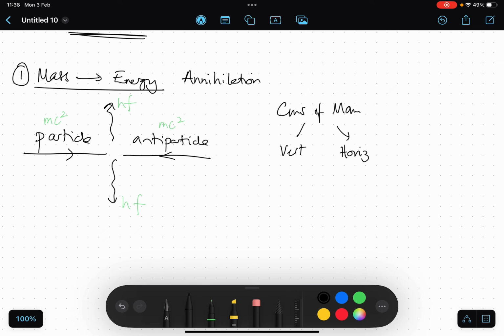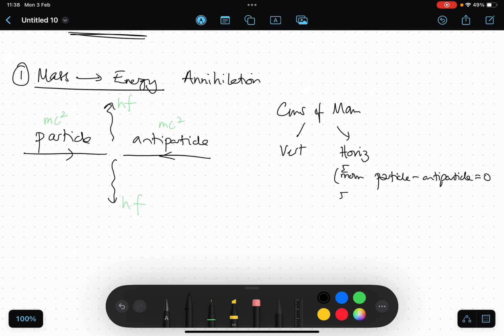The particle and the antiparticle, because they have the same mass, have the same amount of momentum, but in the opposite direction. So the sum of the momentum of the particle and the antiparticle is 0.